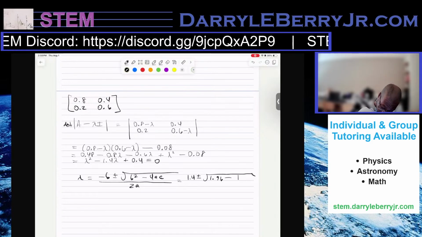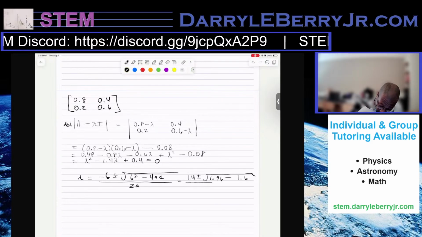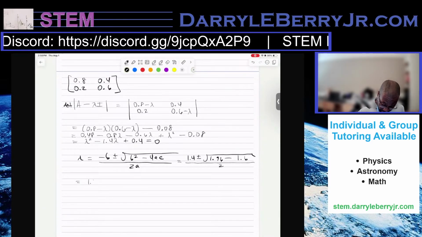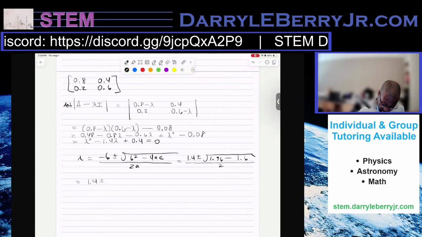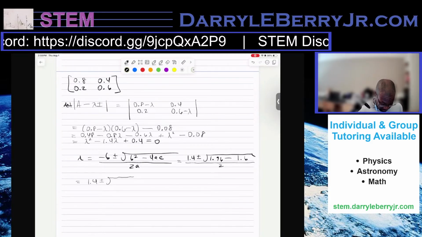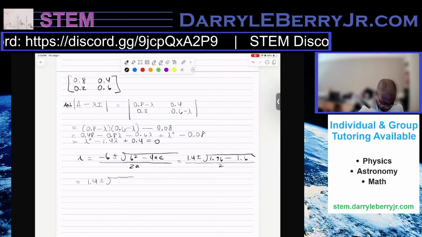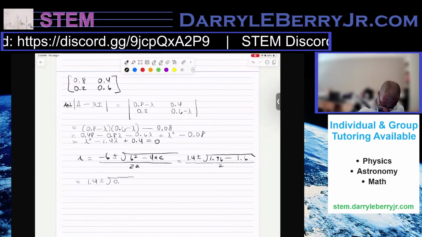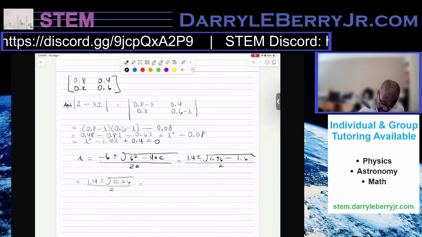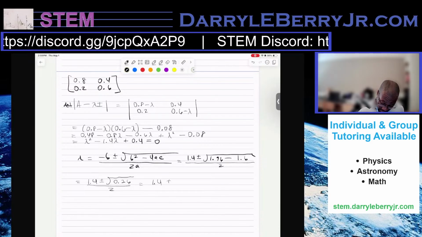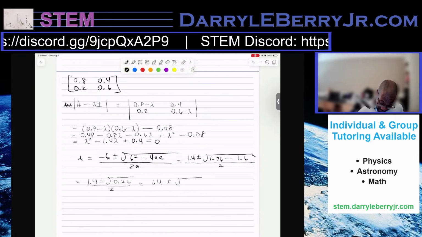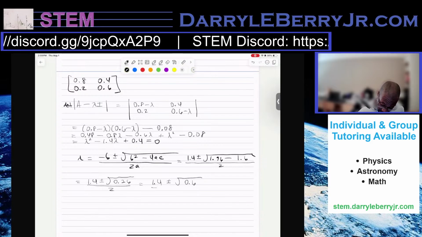So that's 1.6 all over 2 times 1. So that equals 1.4 plus or minus square root of 0.36 over 2. I'll take the square root of that, and that's 0.6 over 2.